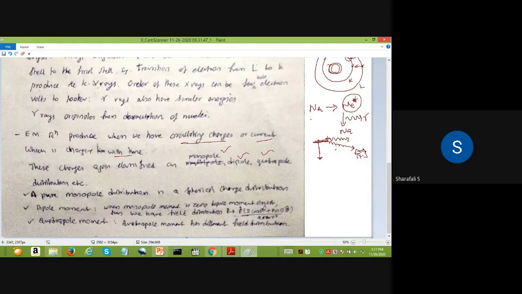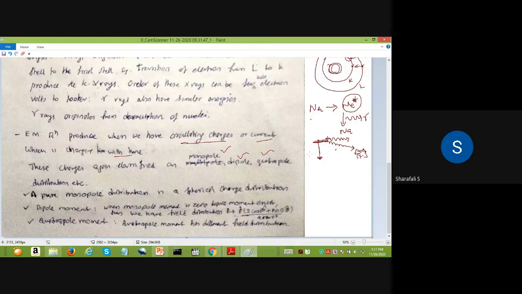A dipole means you have two charges, two monopoles separated by some distance, as you already know. If that dipole is oscillating, it will produce electromagnetic radiation. That kind of radiation is called dipole radiation, electric dipole radiation if it is electric. If it is a magnetic dipole, it is called magnetic dipole radiation.